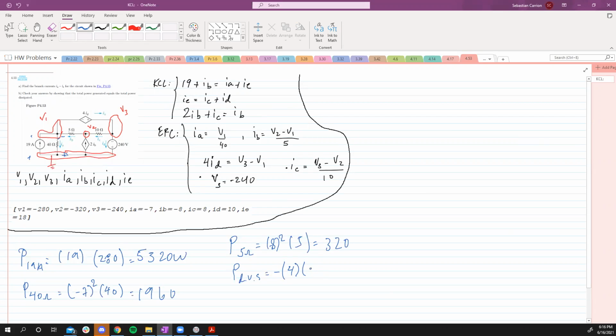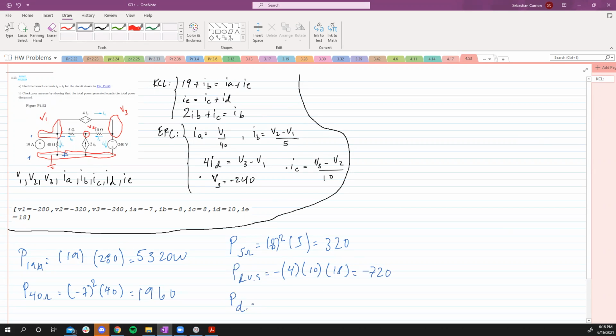ID is 10, times IE. IE is 18. 40 times 18, negative 720.